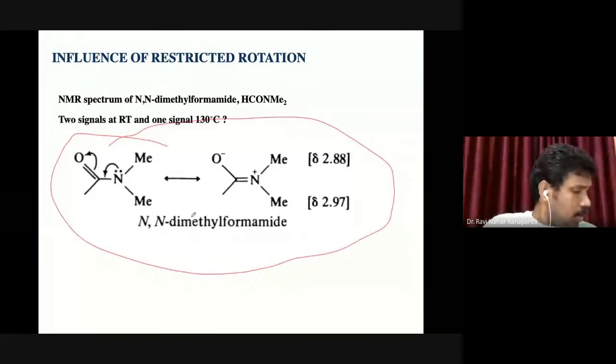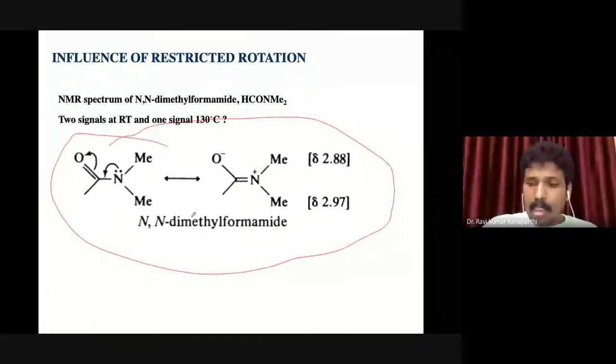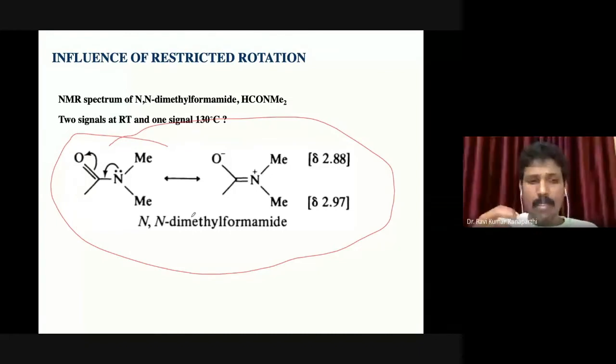Any issue now? I hope that there is no issue, right? So it is important, and this kind of problem can be asked from the CSIR point of view. But remember, restricted rotation is a very important thing. When you come across a particular compound where you are expecting one particular signal, but it is giving more than one signal, one of the reasons could be this restricted rotation.